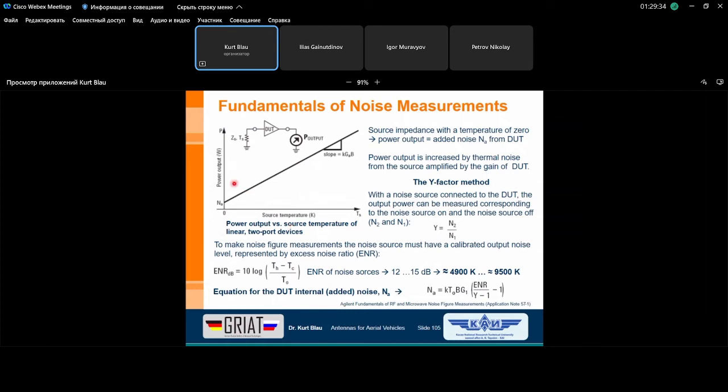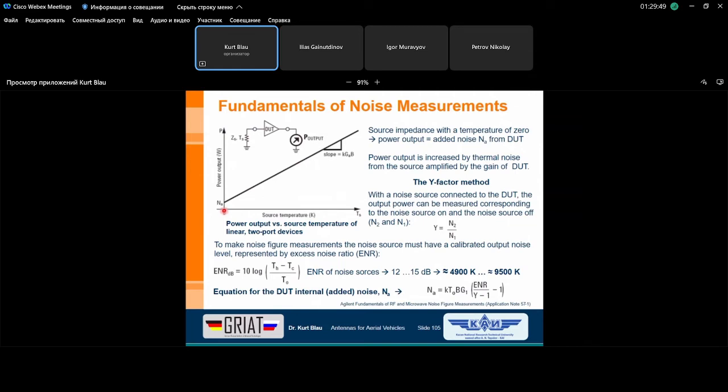We can see here, if we assume that our input noise power, for instance, could be made 0, it's only in our mind; in fact, it is not possible.